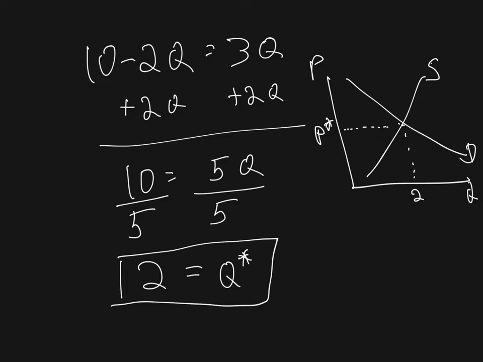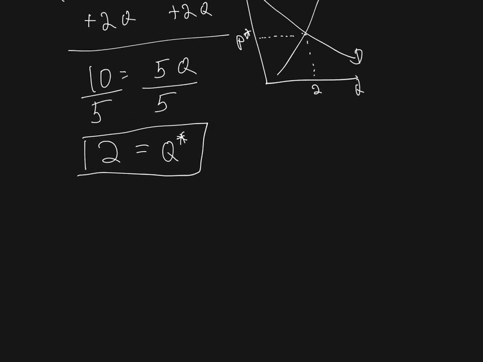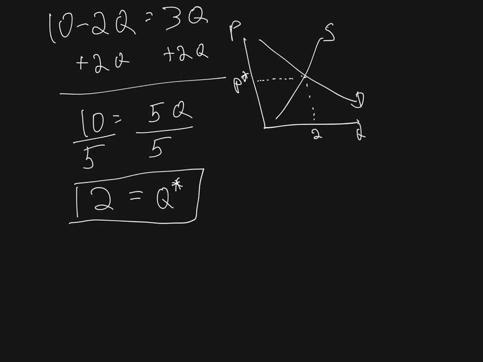You can just see that from the equation. I'm just going to choose to plug the equilibrium quantity of 2 into the demand curve. Either works fine. In fact, I'll do both. The demand curve was given by P is equal to 10 minus 2Q.